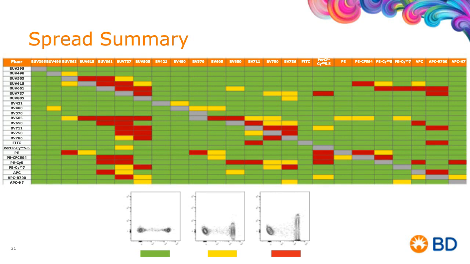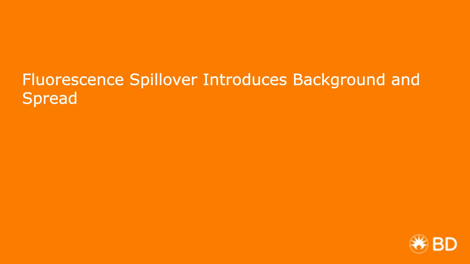It's good for some things, but if it's interpreted too much, then it can give you false perspective as to really what the spread is for any given specificity. This set of slides is going to deal with fluorescent spillover and how it introduces background and spread. And these concepts are going to go back to that spread matrix that you saw and enlighten all of us with where the true impacts are and where they're not.